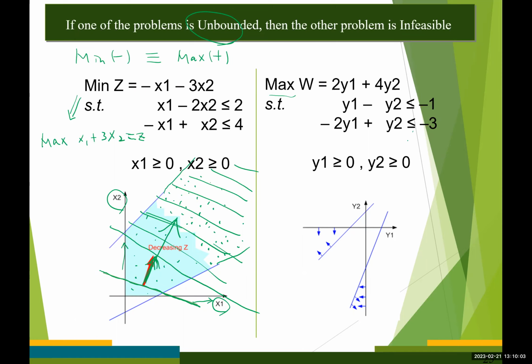And wait. Oh, I see. Because the given LP is the minimization problem with less than or equal constraints. Okay, so we talked about this case earlier, right?